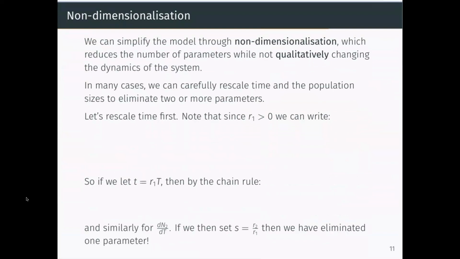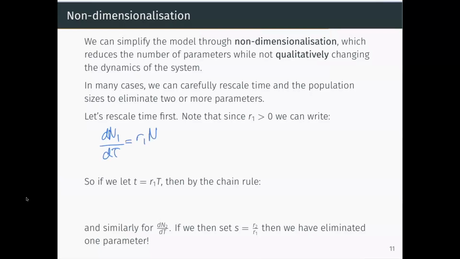So let's think about how we can do this and think about how we might rescale time. When I talk about rescaling time, what I'm saying is that our original time scale with our capital T, remember we had dN1 dT, that time scale may be in, say, days. But that's an arbitrary timescale to choose. We might say instead want to change that timescale so it reflects something about the populations that we're studying. So let's think about our dN1 dt equation.